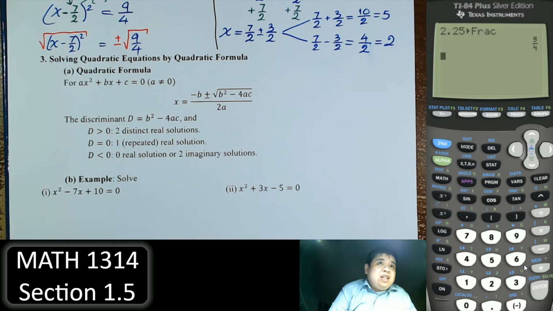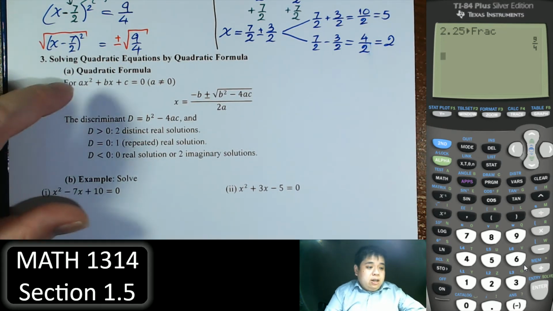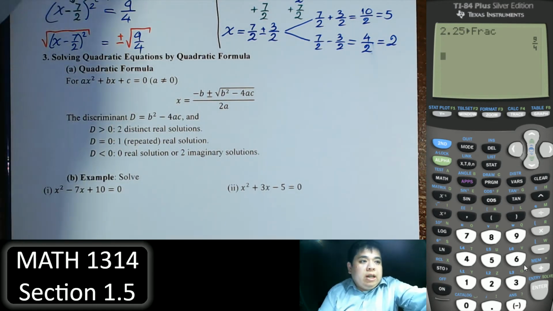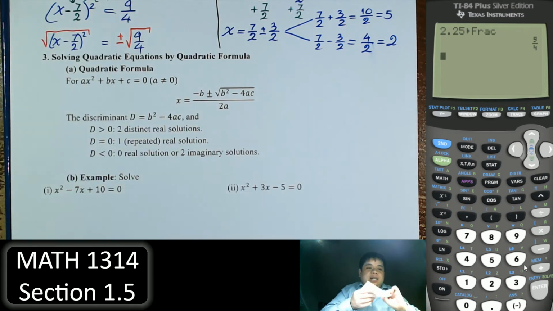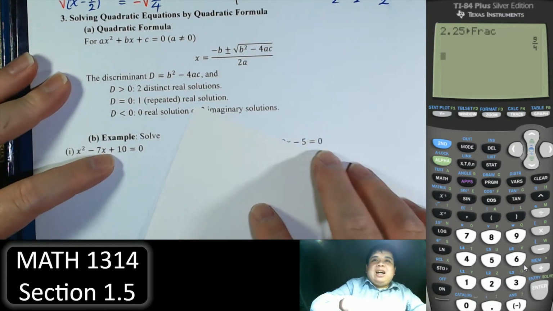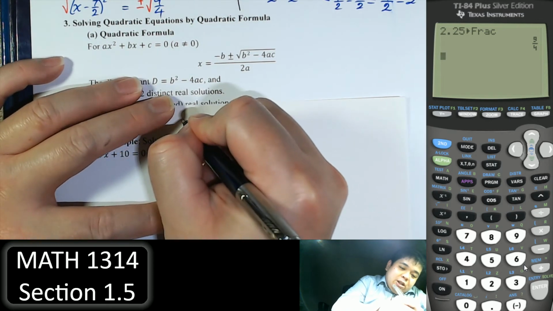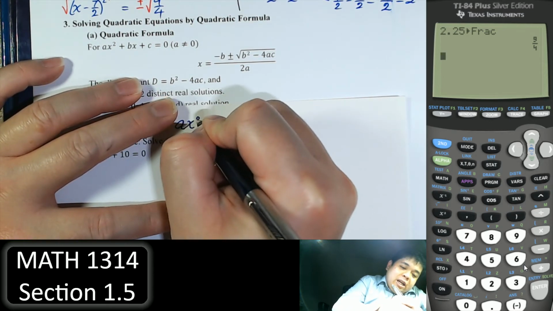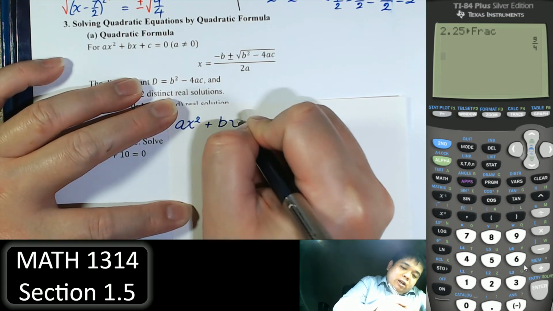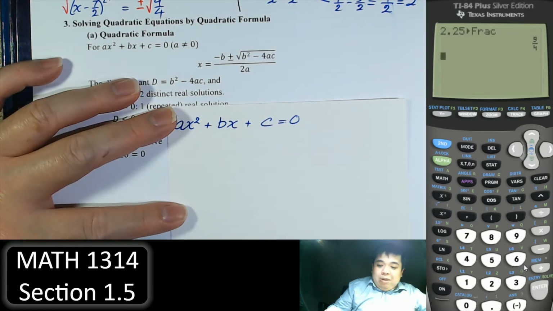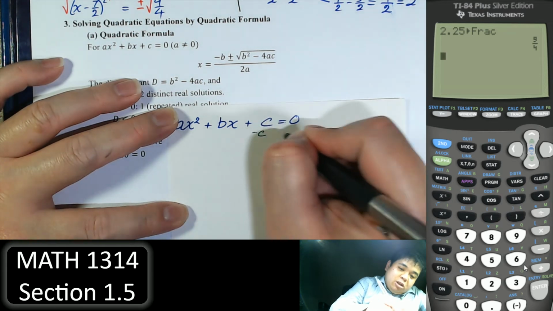Right, but the easiest way is using the quadratic formula. At least I have to show you where it's coming from. So the point here is where it's coming from is just pretty much completing the square. So for completing the square, we subtract c on both sides.